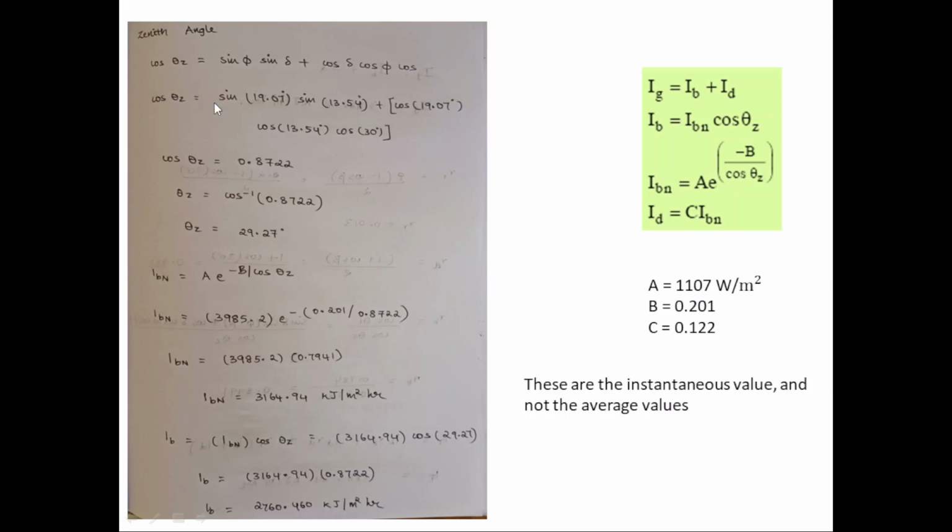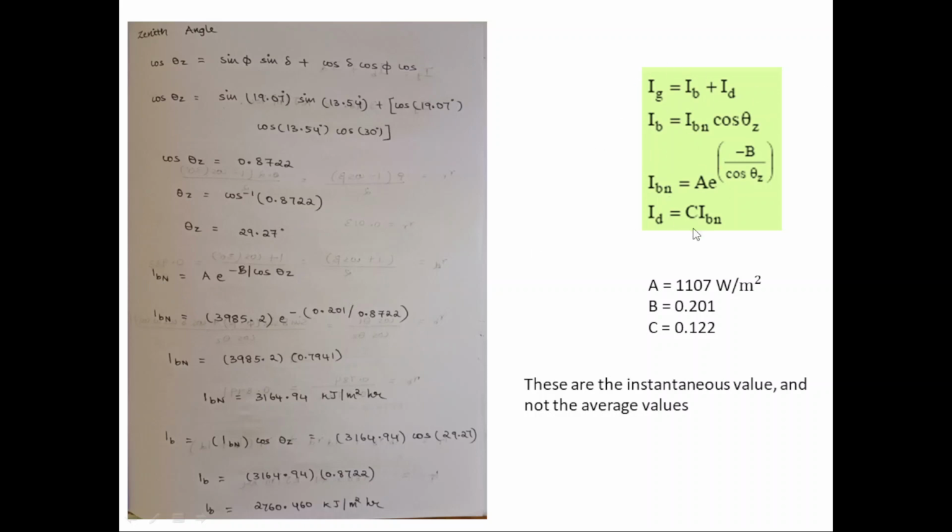After which we moved on to calculating the zenith angle. Since we do not have the values of the intensity of the beam radiation and the global radiation, we calculated both of them using the intensity of the beam normal radiation.